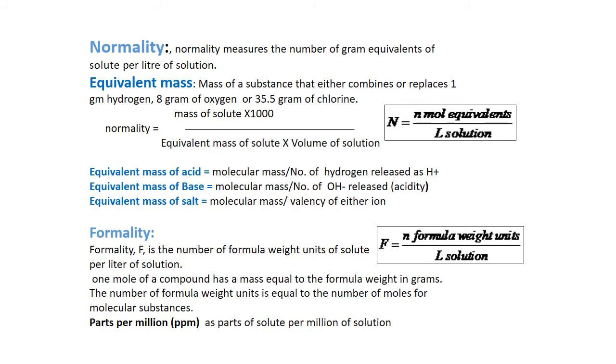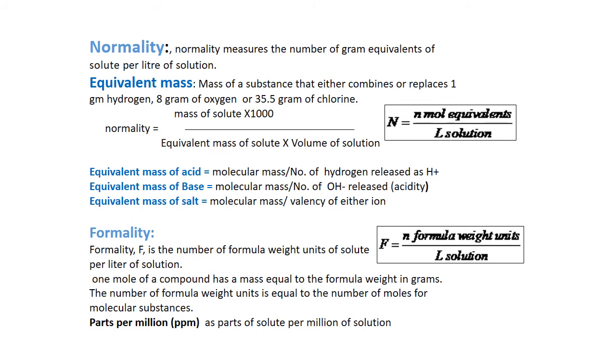Equivalent mass is the mass of the substance that either combines or replaces 1 gram of hydrogen, 8 gram of oxygen or 35.5 gram of chlorine. So normality can be calculated by this formula: mass of the solute multiplied by 1000 divided by equivalent mass of solute into volume of the solution.